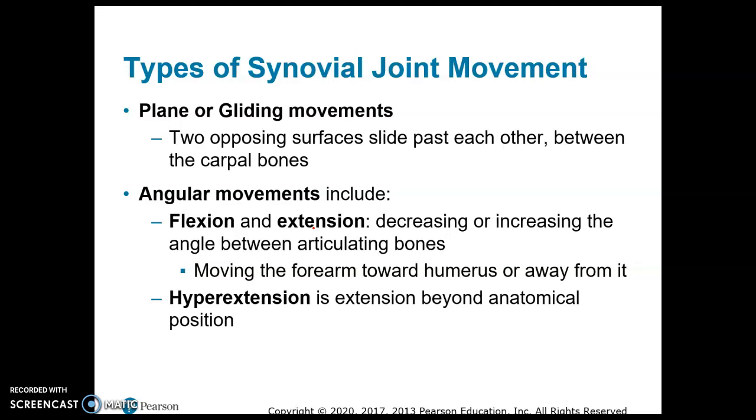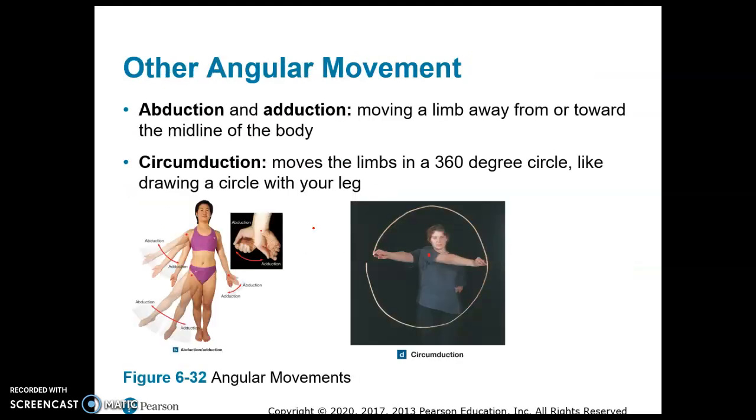And hyperextension is when you extend beyond the anatomical position. So hyperextension at the elbow would cause damage, but it would be basically when your forearm would move back toward your back, instead of moving toward your upper arm, it would be moving in the opposite direction.